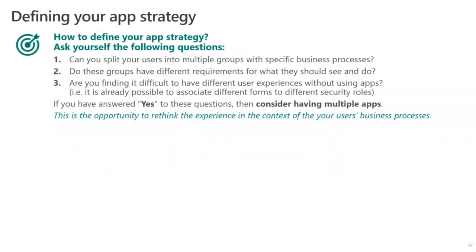I'm asking this because it was already possible, at least since CRM 2011, to associate different forms to a security role, for example, or dashboards. But it now became even easier than that. And so if you've answered yes to these questions, then consider having multiple apps and consider it as an opportunity to rethink the experience in the context of your users' business processes.